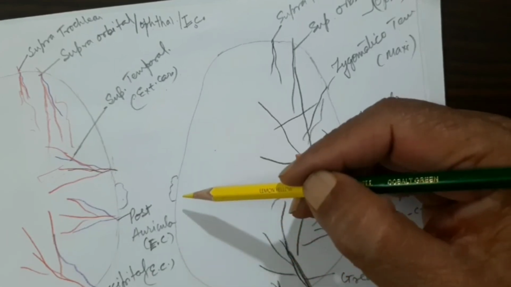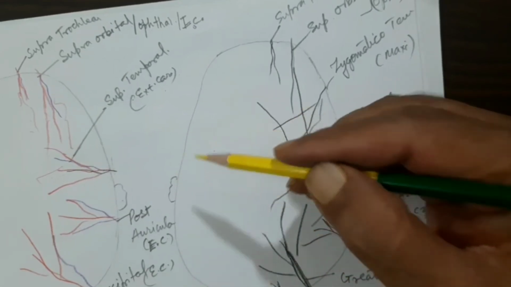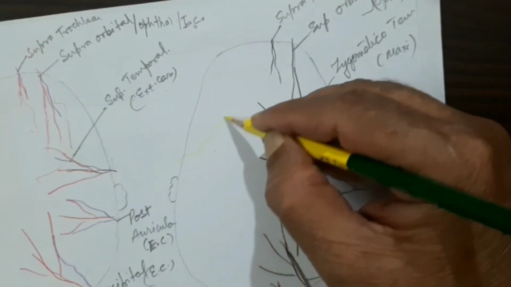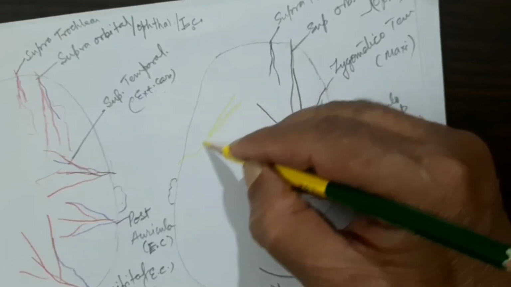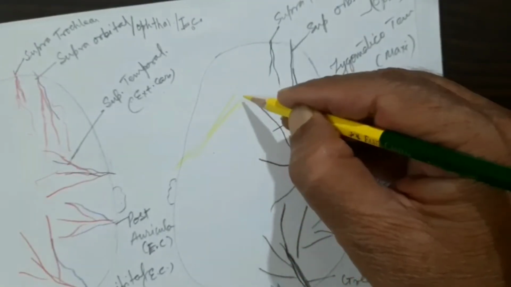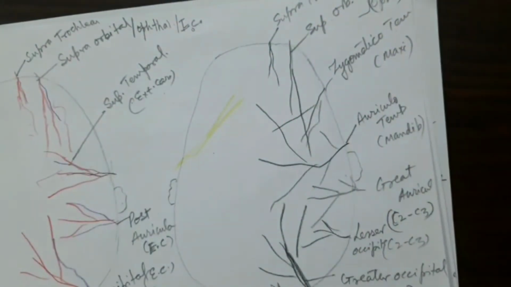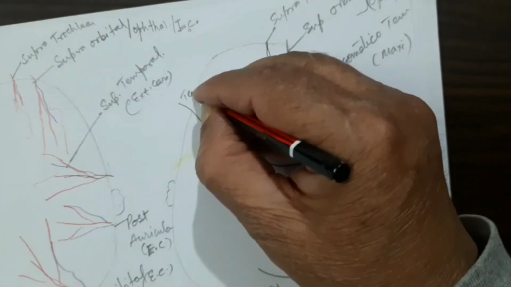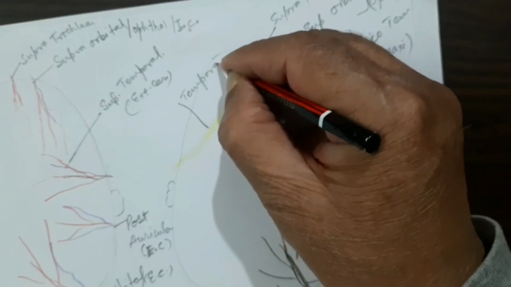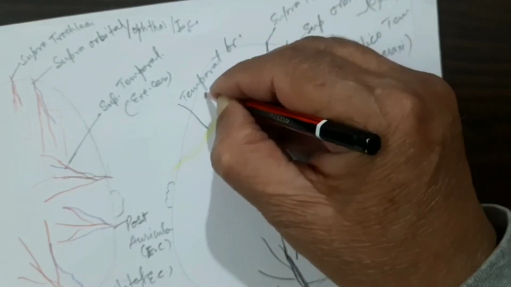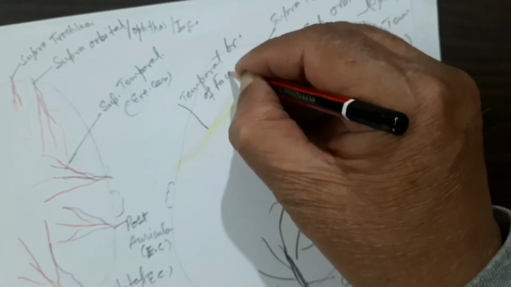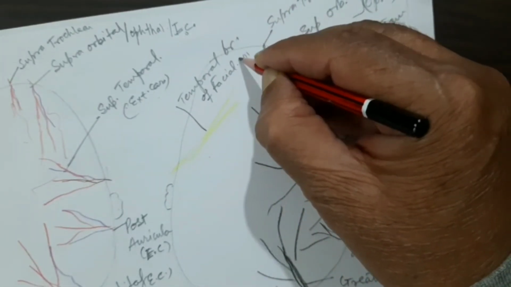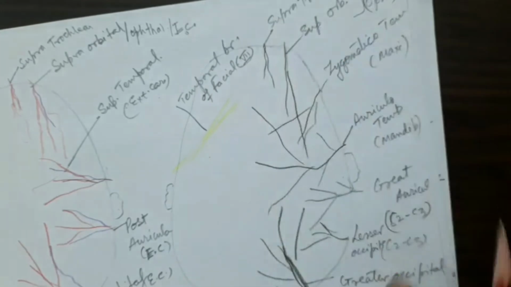The motor nerve in front of the ear is the temporal branch of the facial nerve. See this nerve, I am drawing it, and I hope you are seeing. This is the temporal branch of the facial nerve, and the facial nerve is the seventh cranial nerve.